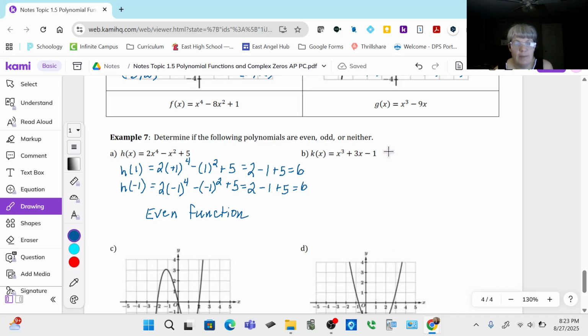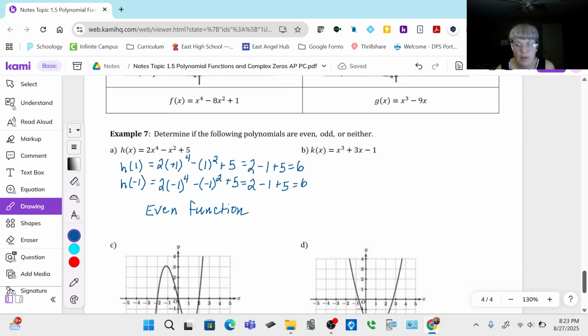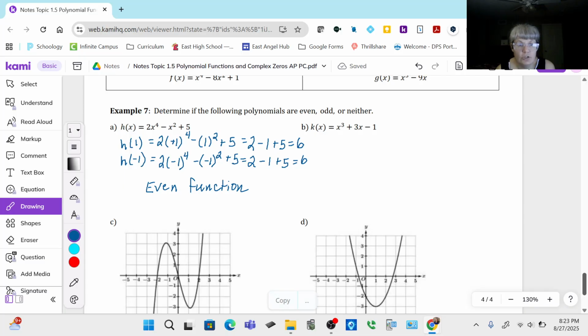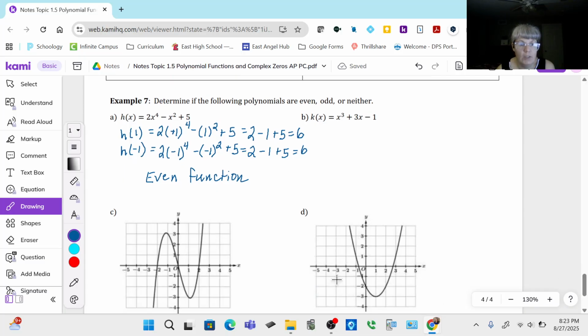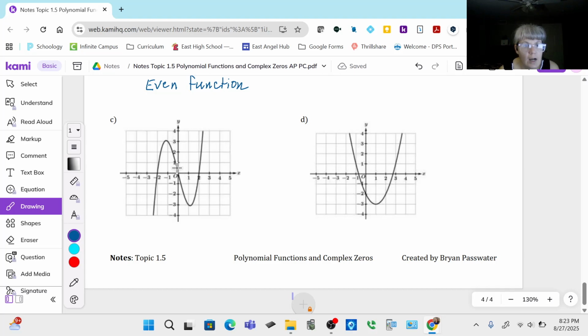I can do the same thing with B. I'm not going to for sake of time, but you can. The test should always be like -1 and 1. For this particular one with the graph, let's estimate it here. So at -1, well, I guess it does look like it's going through 3.